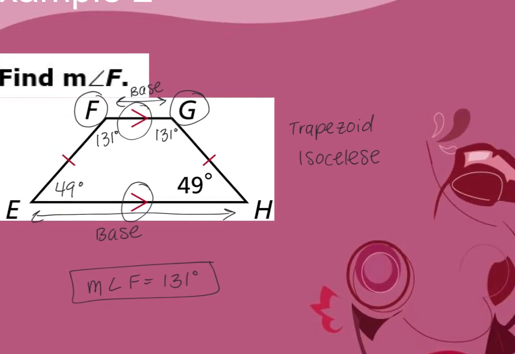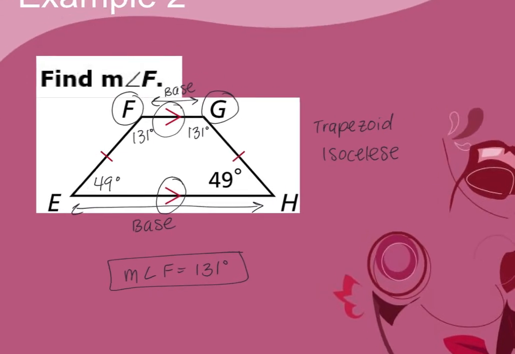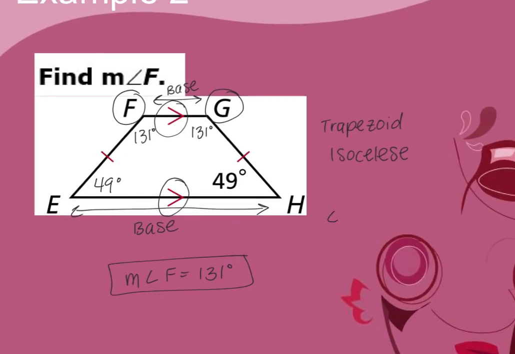And how we got the 131, for those of you that are confused, you just did the measure of angle E plus the measure of angle F must equal 180 degrees, because those two lie on the same leg, okay?